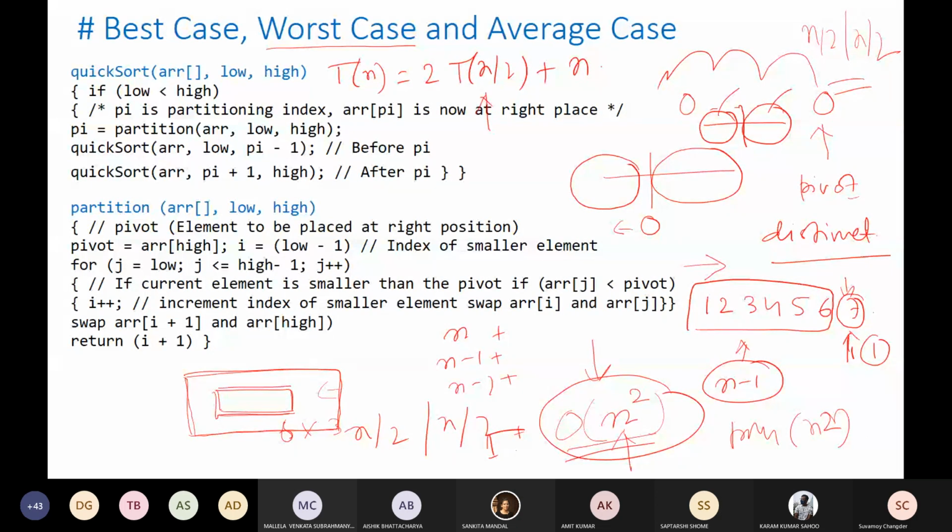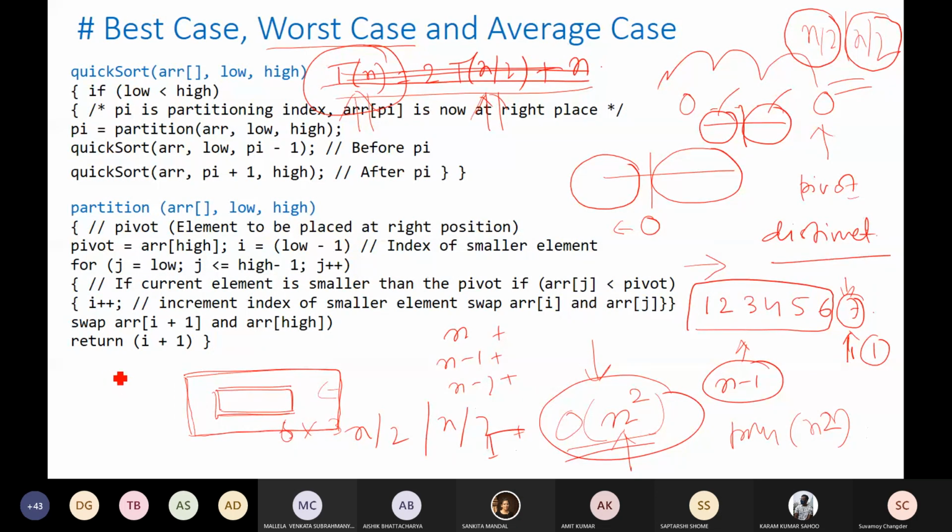Those who have studied discrete mathematics will find this very familiar, because this is a recurrence relation. Please don't think that all these are very complicated. Forget about everything. Let our algorithm divide the input always into two equal halves, n by 2 and n by 2.